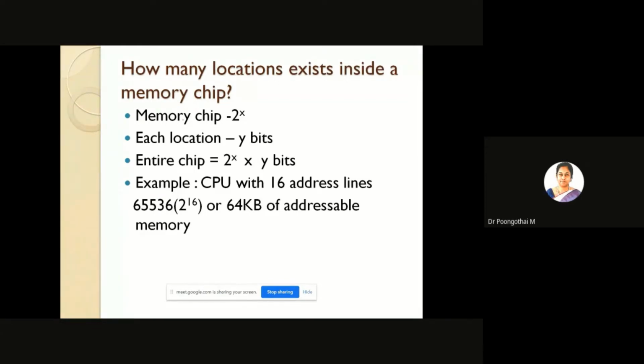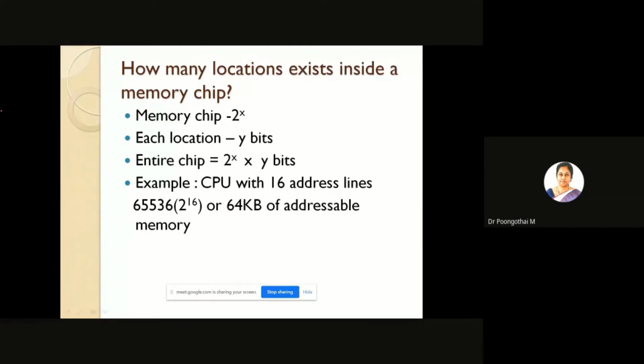Every memory chip contains 2 power of x locations, and each location contains y bits, where y is the number of data pins on the chip. So the entire chip contains 2 power x into y.